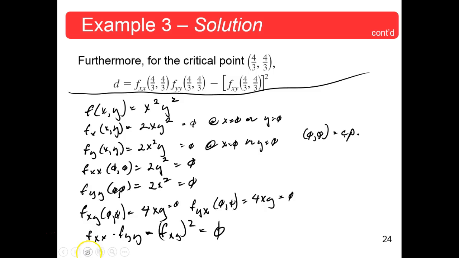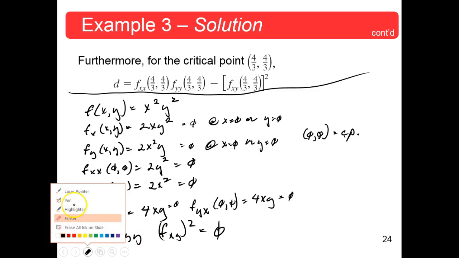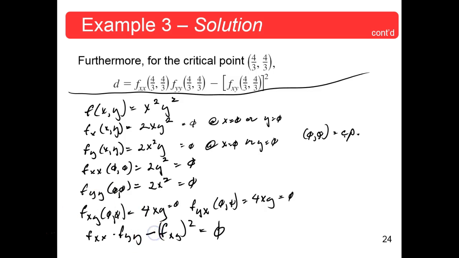I just happen to notice here that the minus sign in the middle here is way too big and thick. Okay, minus sign. Or some other means of evaluating this.